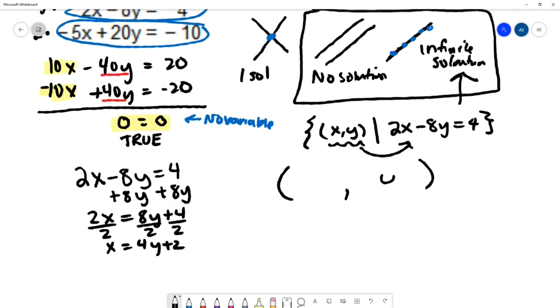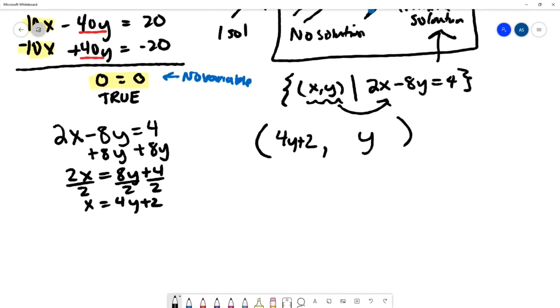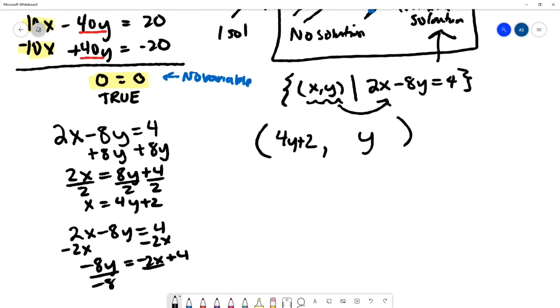So you're going to write your y, and your x is 4y plus 2. If they tell you to write it in terms of x, you need to solve for y. So you take 2x minus 8y equals 4, and let's solve for y. We subtract 2x. That's negative 8y equals negative 2x plus 4. Divide by negative 8.